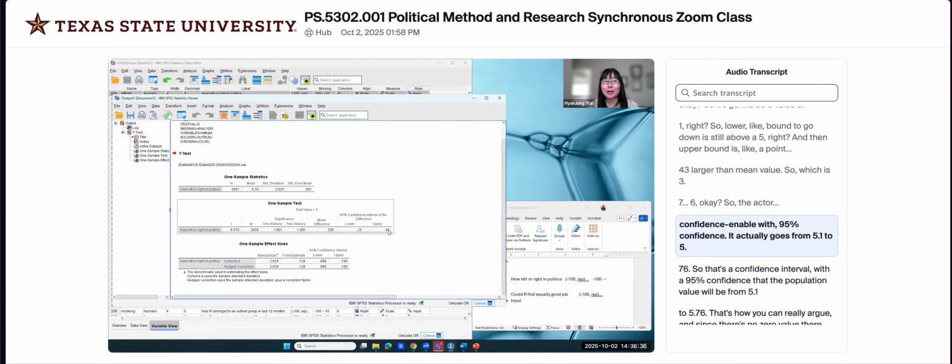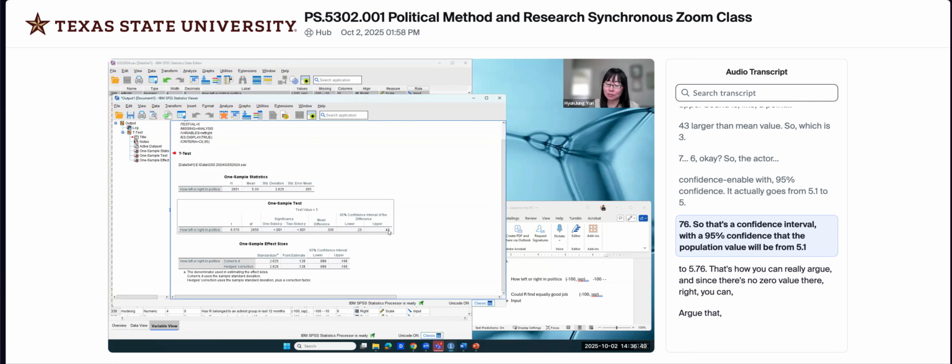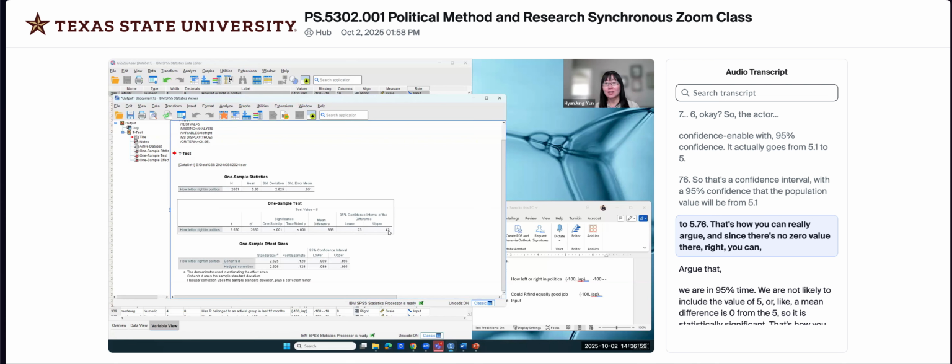So the actual confidence interval with 95% confidence goes from 5.1 to 5.76. That's a confidence interval, with 95% confidence that the population value will be from 5.1 to 5.76. That's how you can really argue.